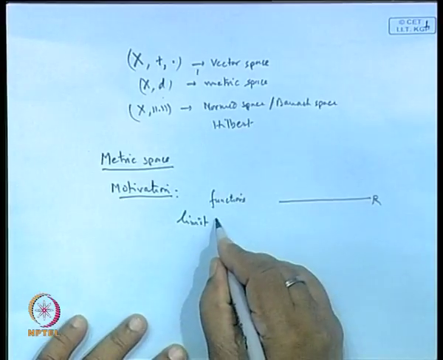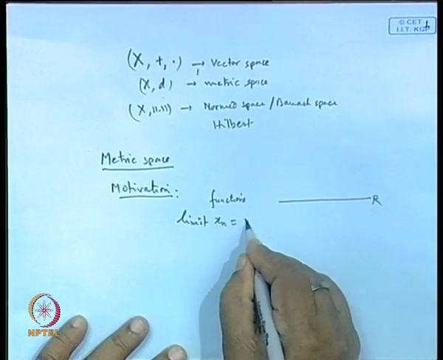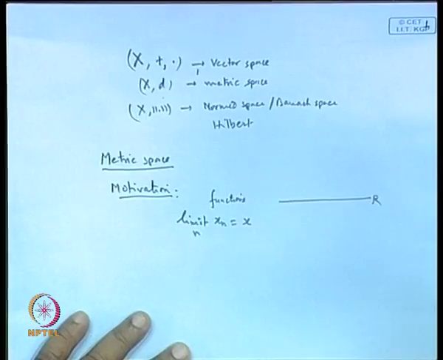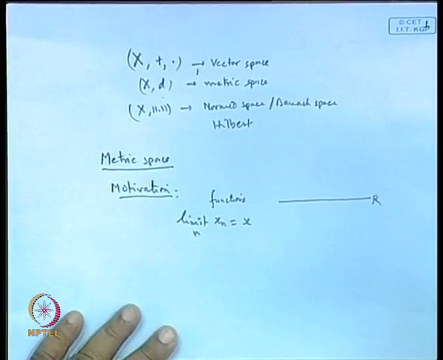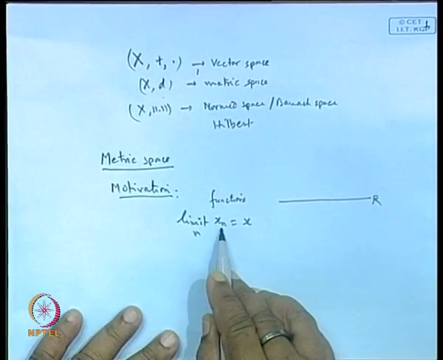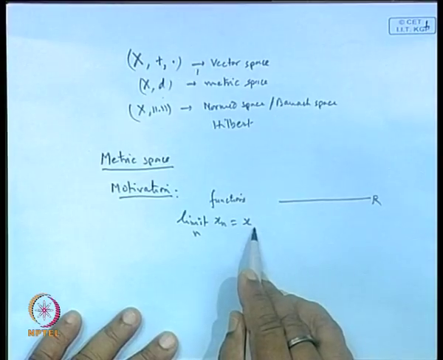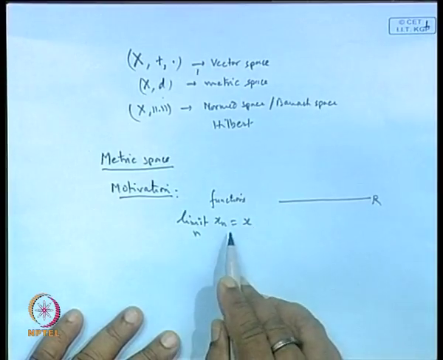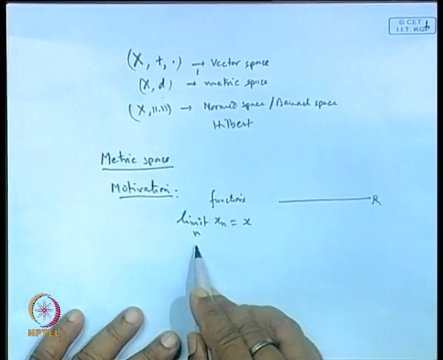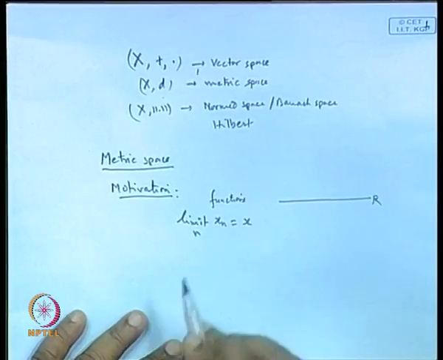When we say the limit of the sequence x_n is x when n tends to infinity, the meaning is that the difference between x_n and x is very small when n is sufficiently large, or x_n is approaching x as n tends to infinity.